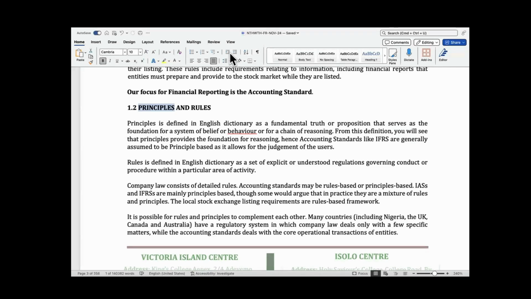An example is IFRS, and that is it. Rules are strict, explicit regulations or procedures for achieving an objective. And an example is company law and local stock exchange listing requirements, and that's it. You earn your 4 marks explaining and giving examples.